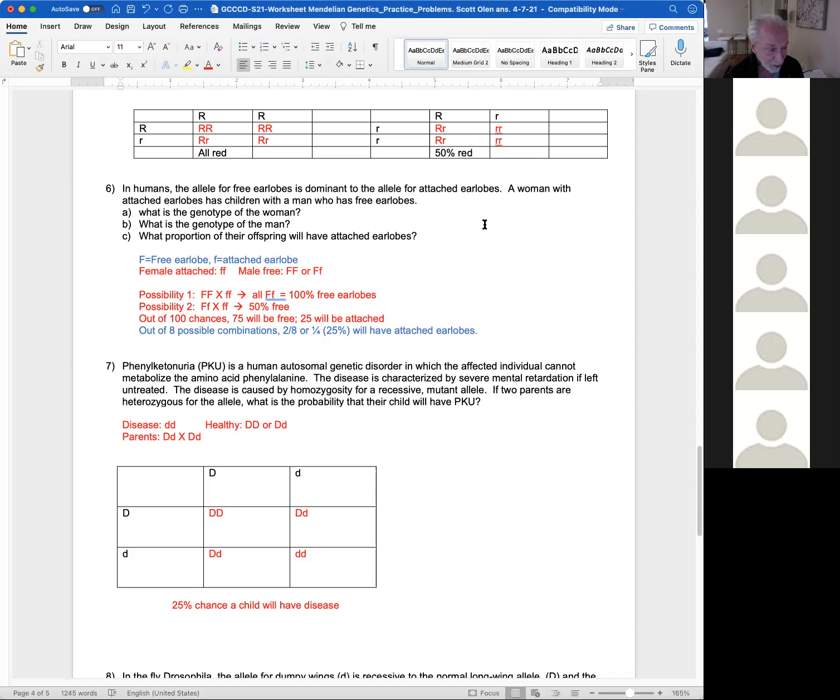And possibility two is that if the male happens to be heterozygous, crossed with a homozygous female, then 50% of the F1s would be free. So out of 100 chances, 75 would be free and 25 would be attached.